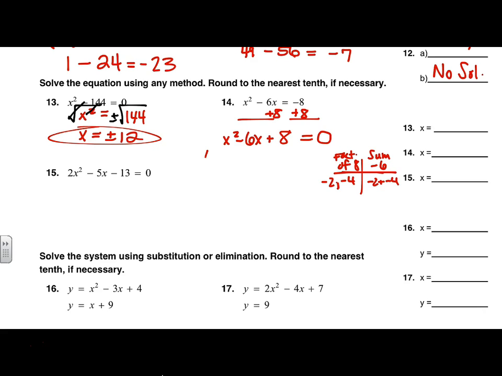If the last sign is positive, the signs are the same. And we have x minus 2 and x minus 4. Who remembers how to keep going? How do we solve this now? With 2 factors equal to 0. How do we solve it?